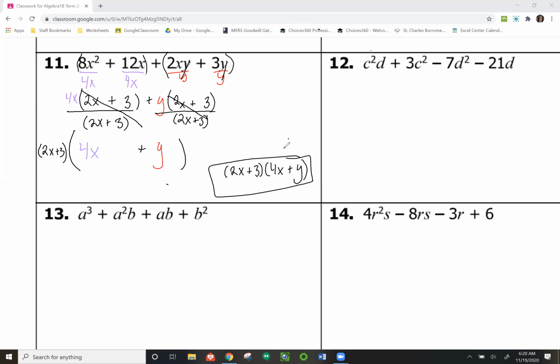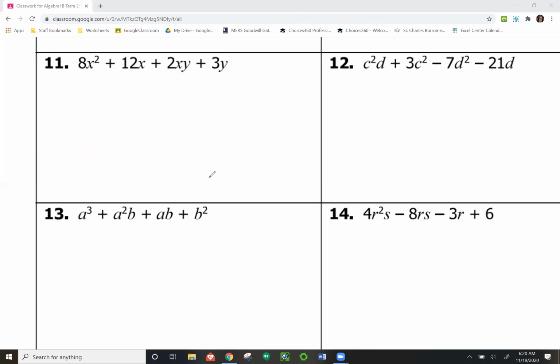All right, let's look at number 13. In my first two terms, I got these two and these two, and I got a plus sign between there, good. I can divide out, it looks like, an a squared. And then my second two, it looks like I can divide out a b.